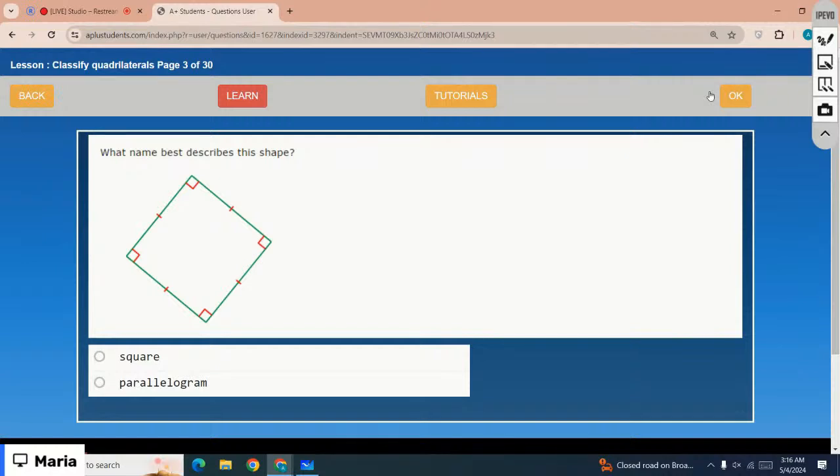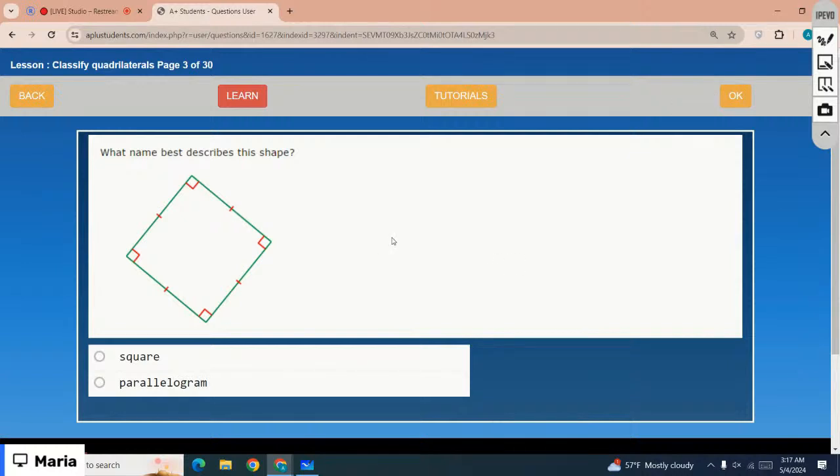What name best describes the shape, which is the correct option? Square it is.